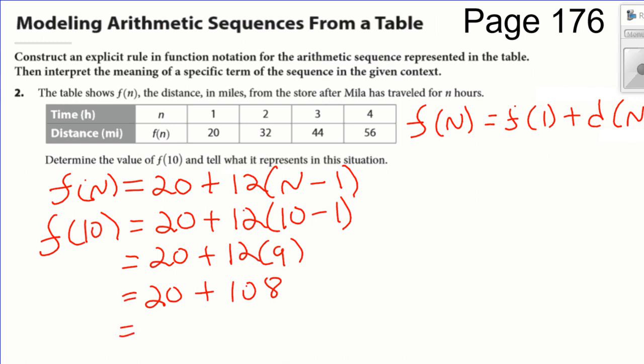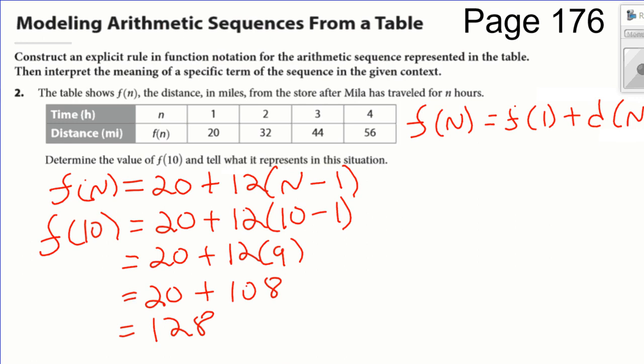And then 20 plus 108 will be 128. Okay, so that gives us 128 here.